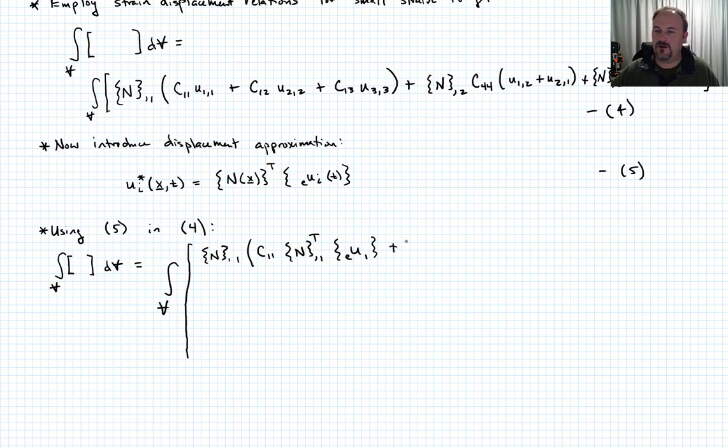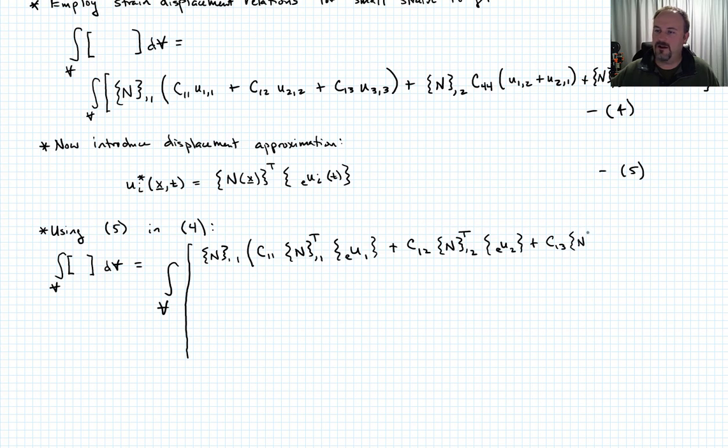Okay, next term looks like the exact same. So C12 now times n transpose partial with respect to x2 times U2, plus C13.